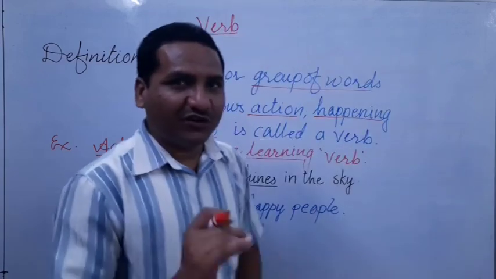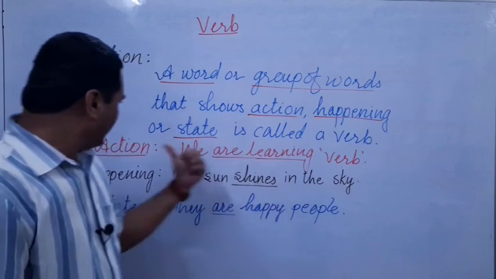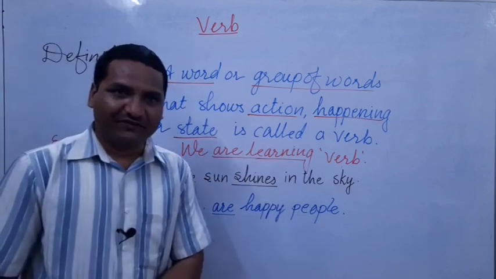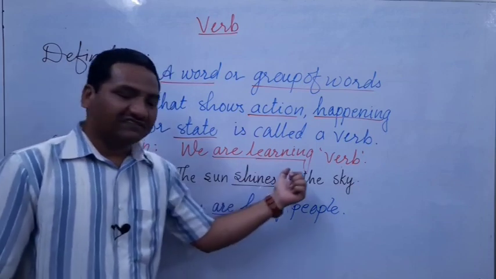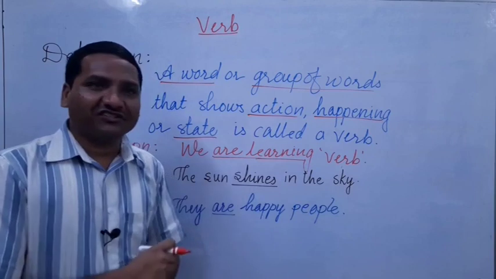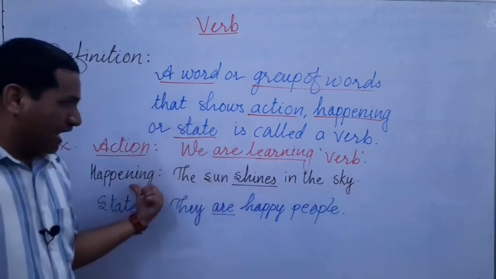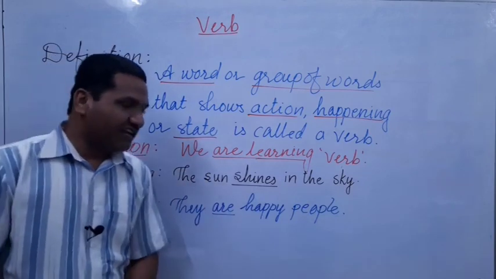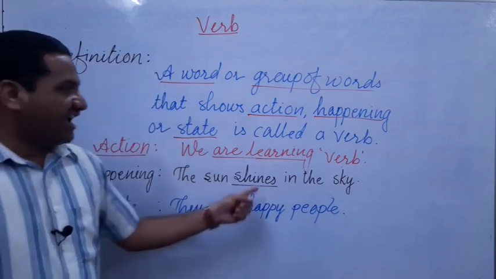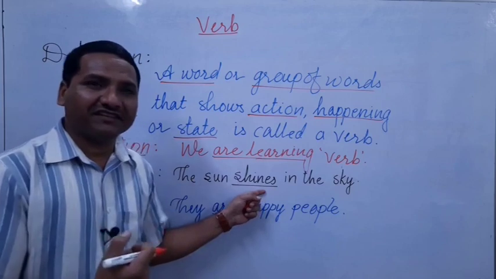Let's see some more examples. First is an example of action, we are learning verb. Here are and learning is the group of words that shows action. The second, happening. The sun shines in the sky. In this sentence, shines is the happening.